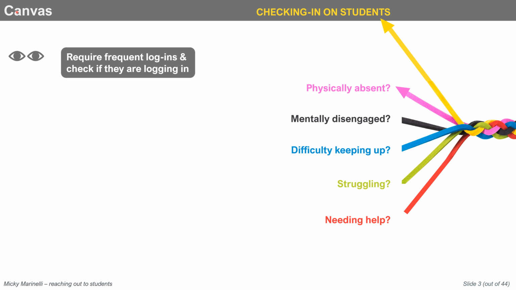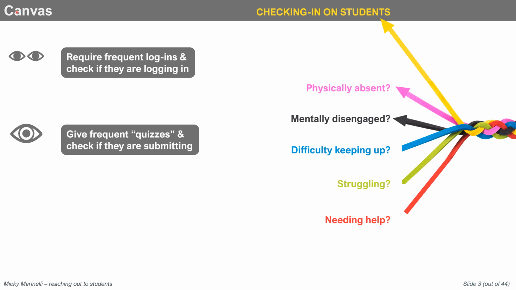Now, students might be there, but they might be mentally disengaged. So one strategy to check that is to give frequent, simple, low-stake quizzes, even 0-point quizzes, simply to check if the students are submitting and if they're engaged in class.